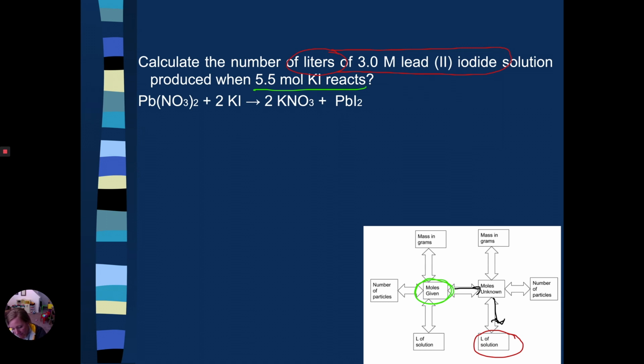So let's take our starting point. So we have 5.5 moles of KI, and then we're leaving moles of KI. And the first step is to change that into moles of something new. So the new thing is lead iodide, or PbI2. Okay, so now I'm trying to go to moles of lead iodide.